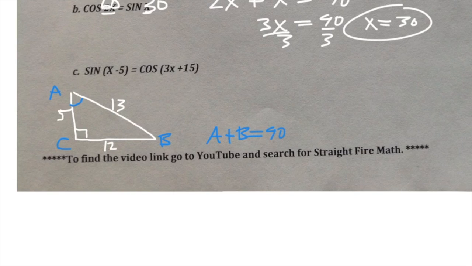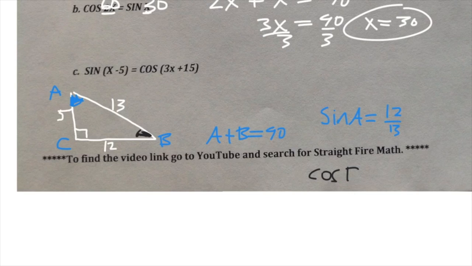Yeah, so why does this work this way? Well, what's the sine of angle A? The sine of angle A would be opposite over hypotenuse, which is 12 over 13. What is the cosine of angle B?